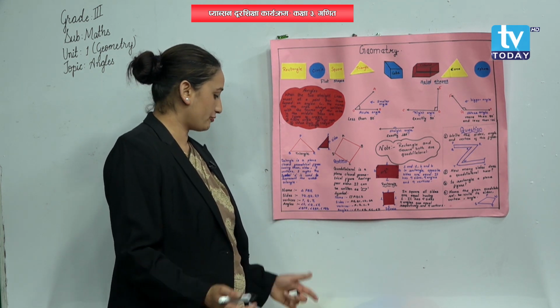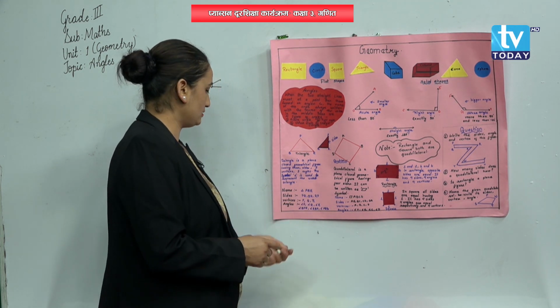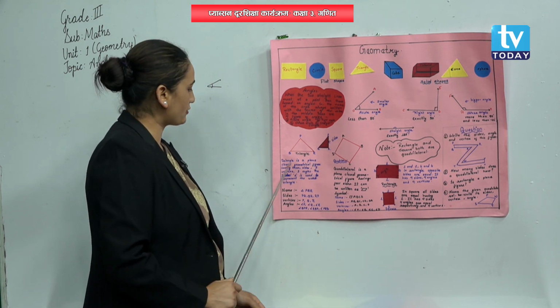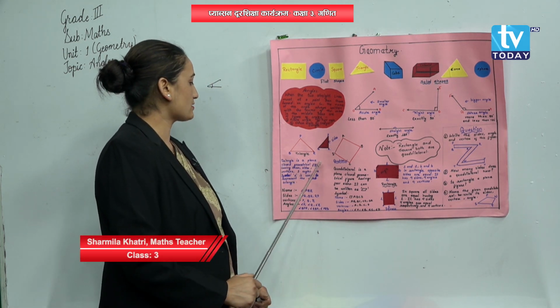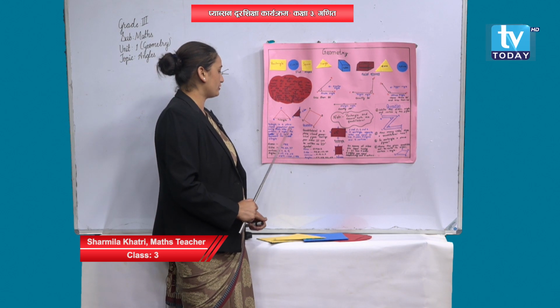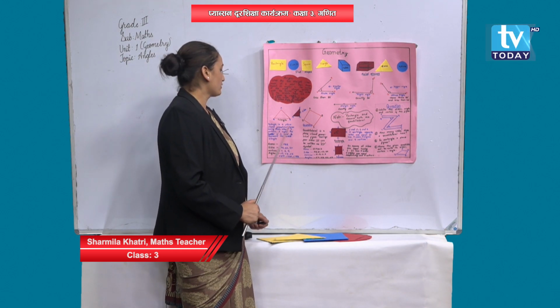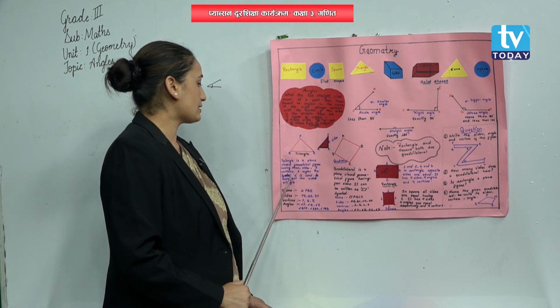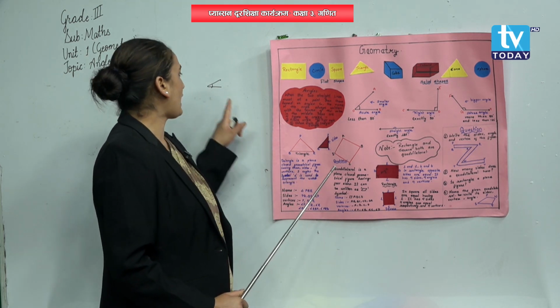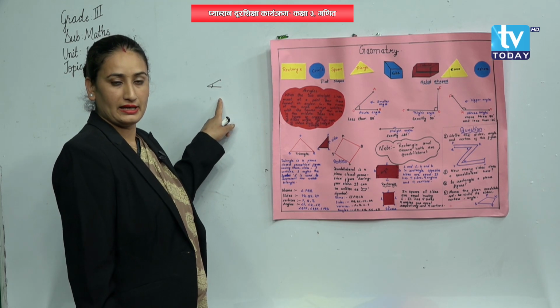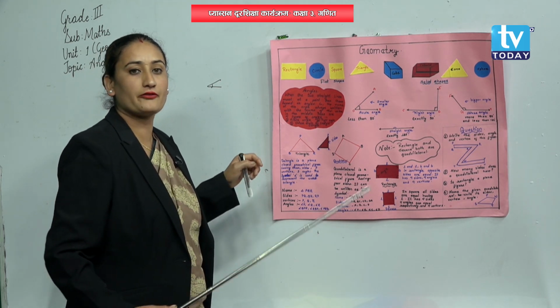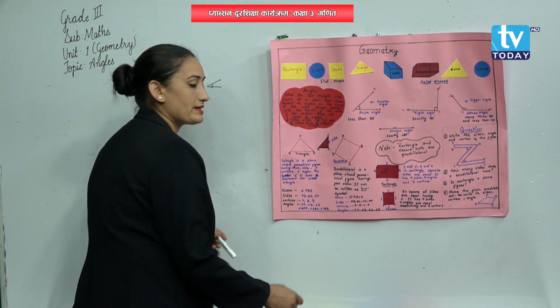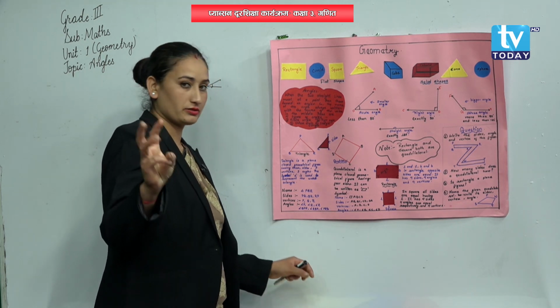Now, I will show you from my charts. Please look here. A triangle is a plane closed geometrical figure having three sides, three vertices, and three angles. The symbol for angle is this one, okay? And if you want to write the symbol of a triangle, how many sides are there in a triangle? Three sides, right?